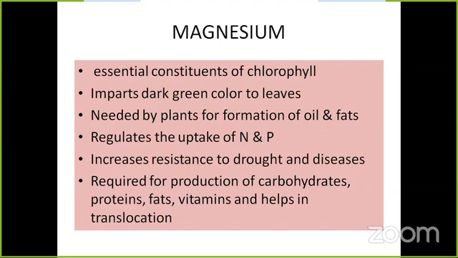It regulates the uptake of nitrogen and phosphorus, increases resistance to drought and diseases, and is required for the production of carbohydrates, proteins, fats, and vitamins, which means basically everything. It also helps in translocation of the produce to the sink where it has to go, that is, from leaf to the fruit or root.